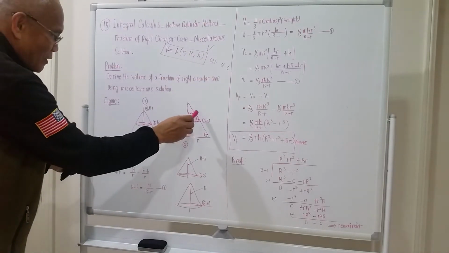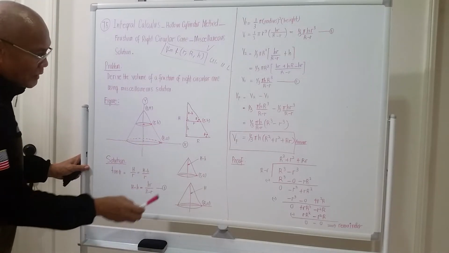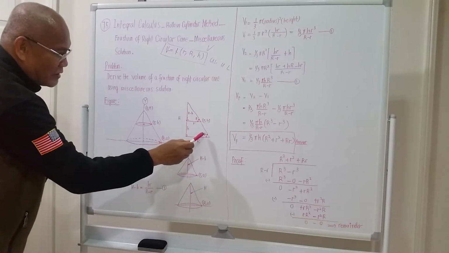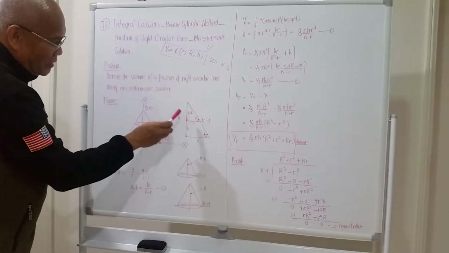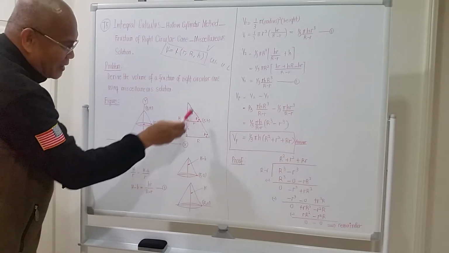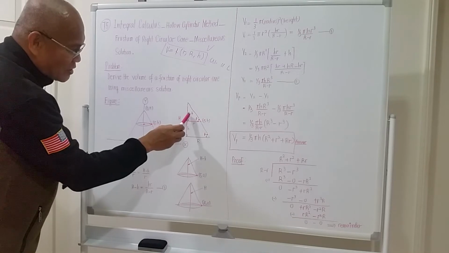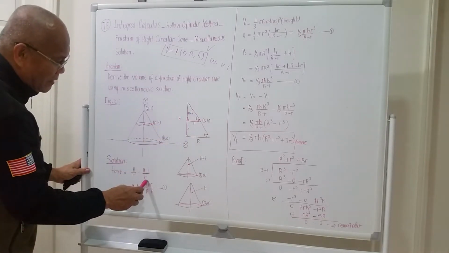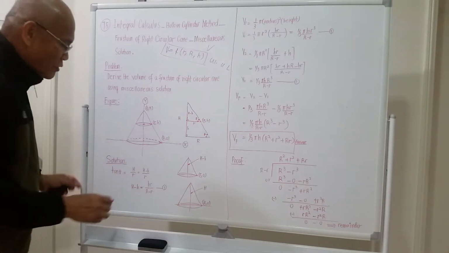We take the tangent of theta using the smaller right triangle. It should be small h over small r is the tangent of this angle here. Small h over small r is equal to the tangent of the upper angle theta, which is the same as the lower angle theta. This is capital letter H minus small letter h over R. And here, I didn't show you the simplification.